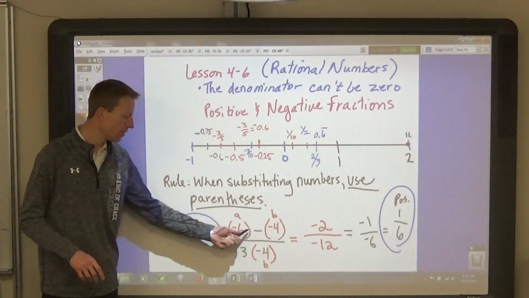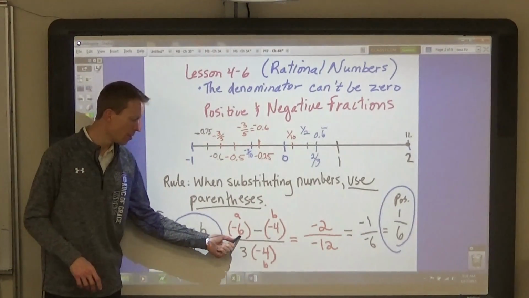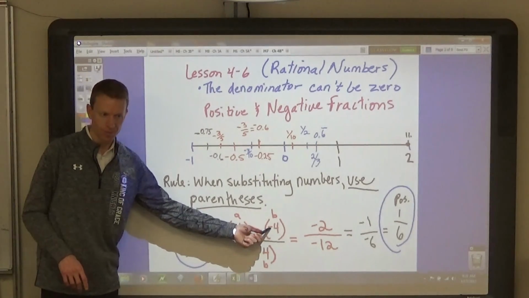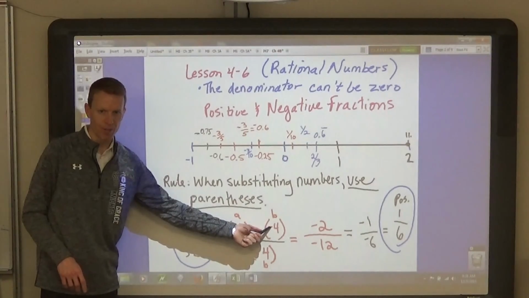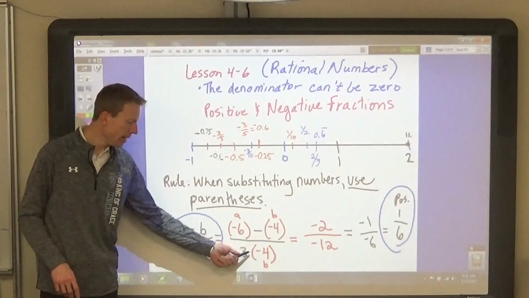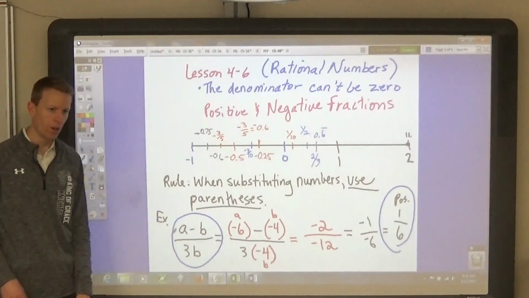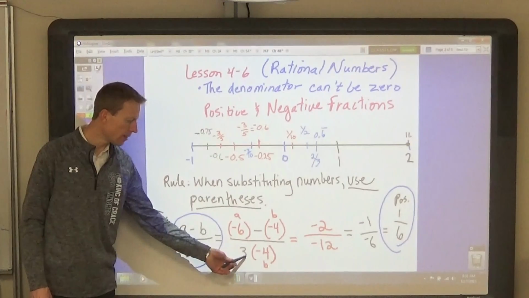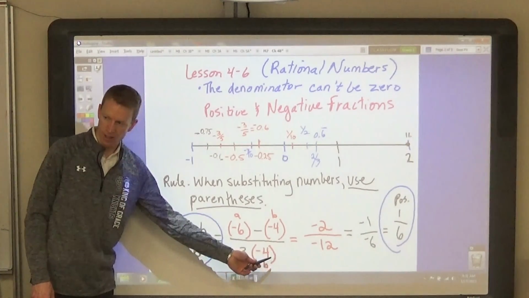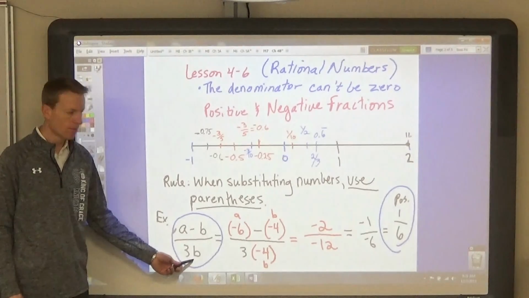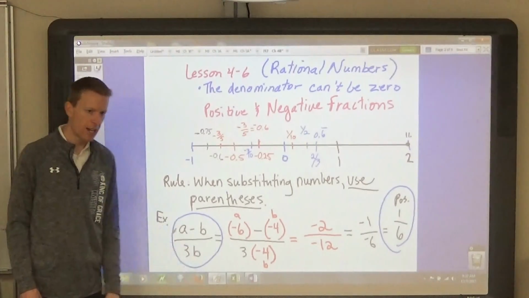So negative 6 minus negative 4 becomes negative 6 plus 4, right? Nod your head if you're with me. Right? Good. And then 3 times negative 4. If you don't put this in parentheses, then it just looks like 3 minus 4, right? But this is 3 times B, so you have to make it 3 times negative 4.